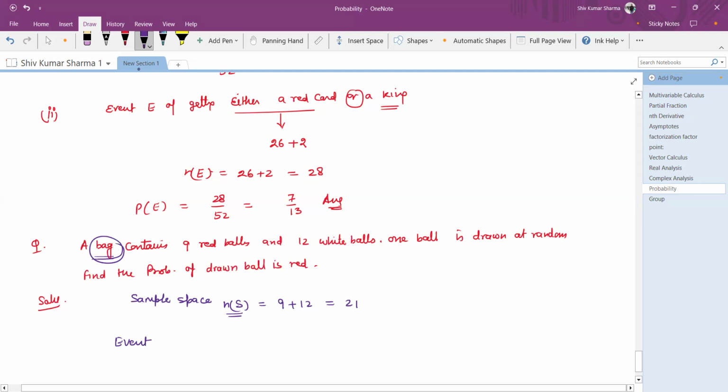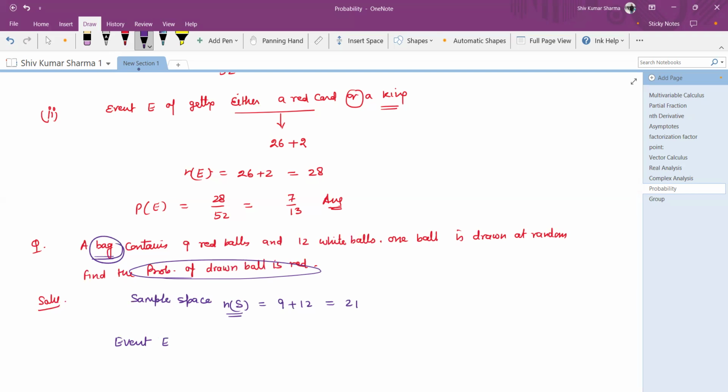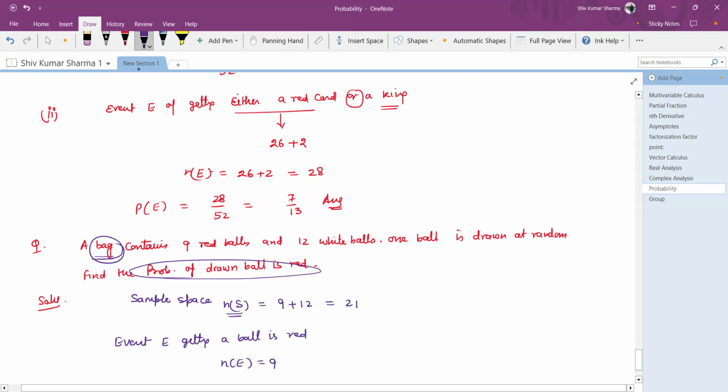So what is the event? The event is that one ball is drawn at random and that ball is a red ball. Event E is getting a ball that is red. Total how many balls are red? 9 balls are red.